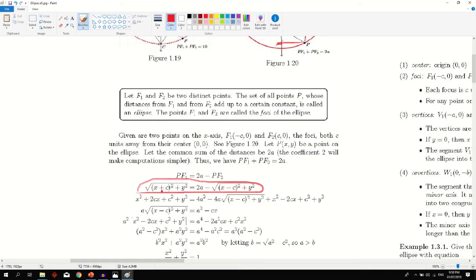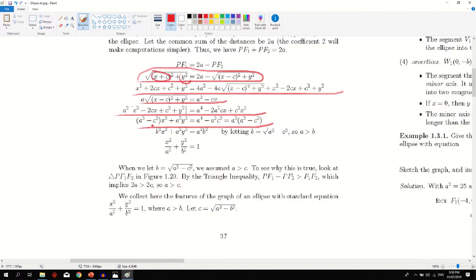And then we simplify that, and it will become like this, until another simplification, then like this, until letting b squared equal a squared minus c squared, so a is greater than b. Until that it will become like this.